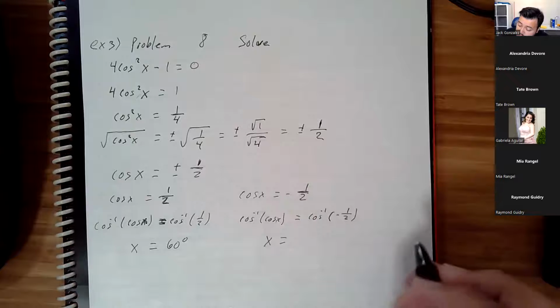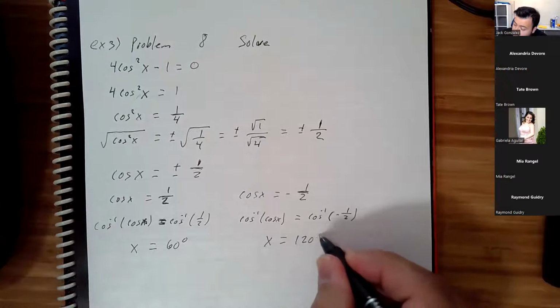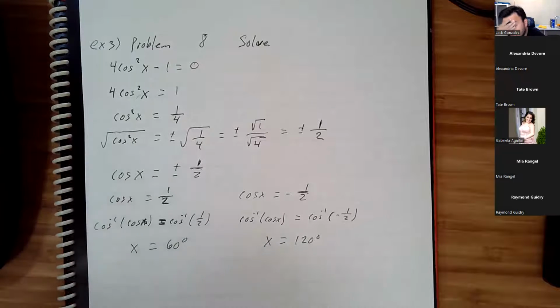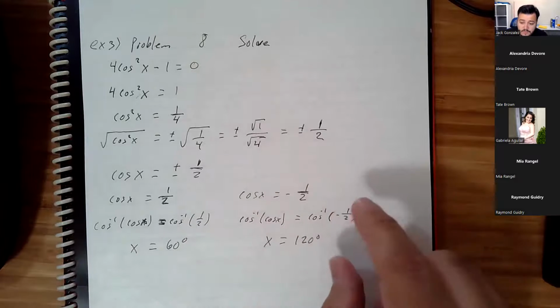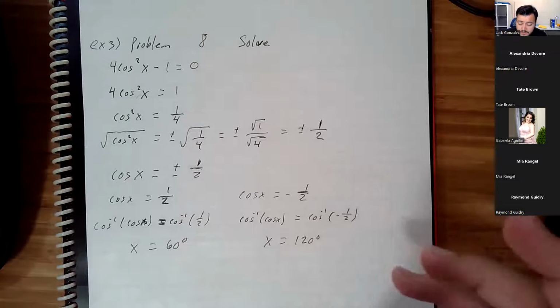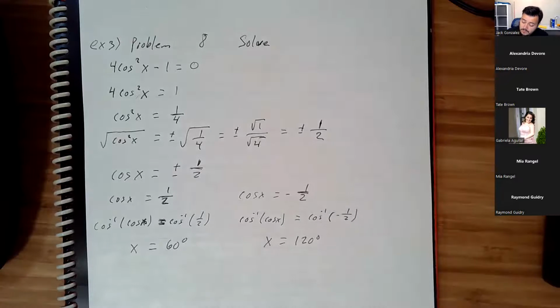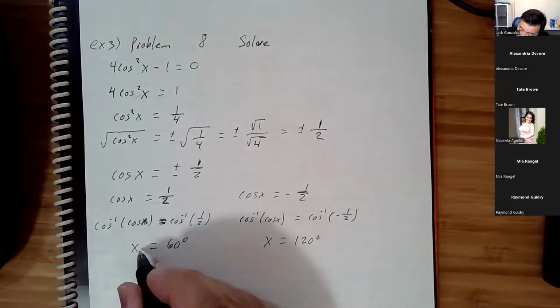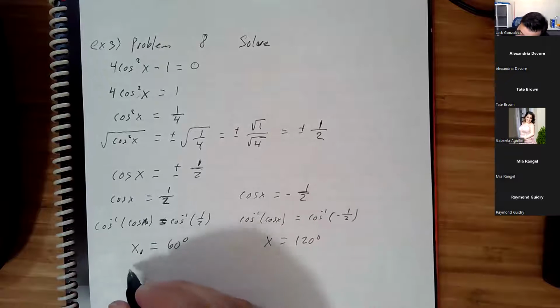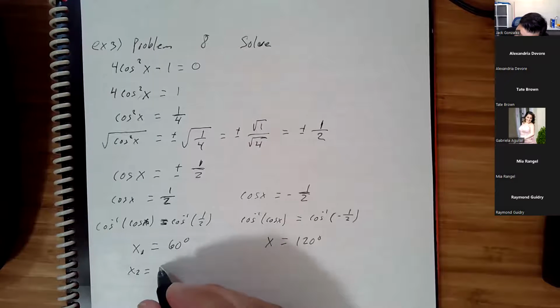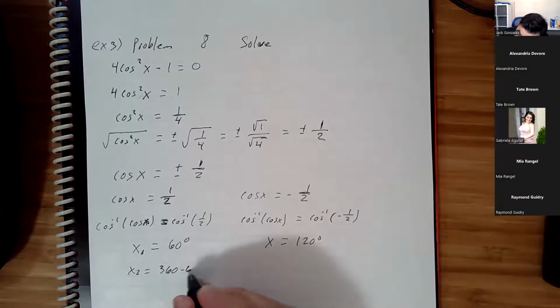I'm going to change it to radians in a little bit, but it's a little easier to see right now with degrees. So both of these are going to have a set to that, a pair, I guess. So this is the first one. So the second one will be 360 minus 60, right?